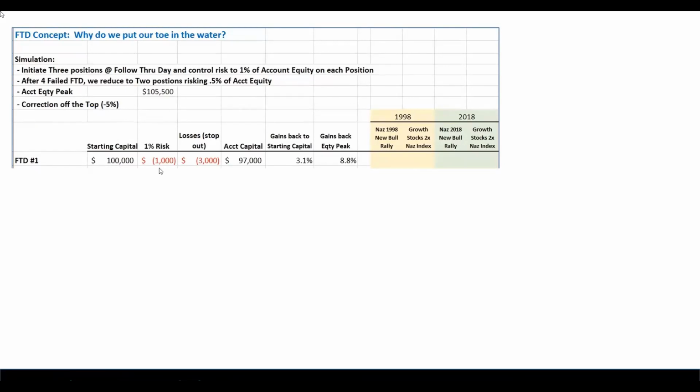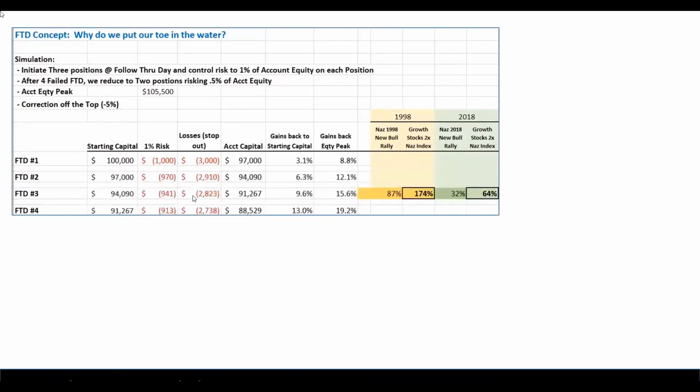We've risked 1% for the 3 positions. So if we get all stopped out, we would lose $3,000, leaving us with account capital of $97,000. And for reference, to get back to our starting capital, we would need 3.1% gains on this capital, and 8.8% to get back up to where we were at the absolute equity peak. So that's follow-through day number 1.